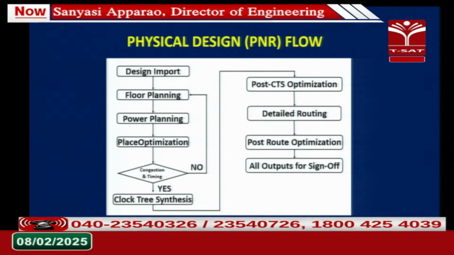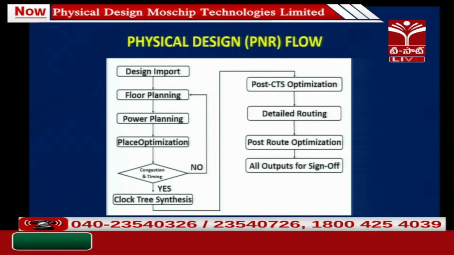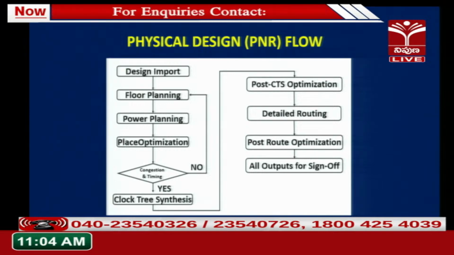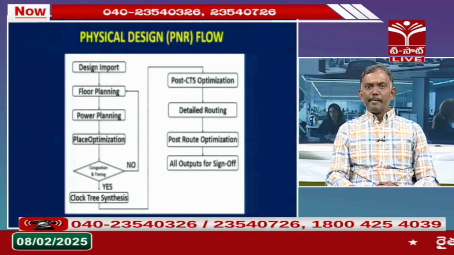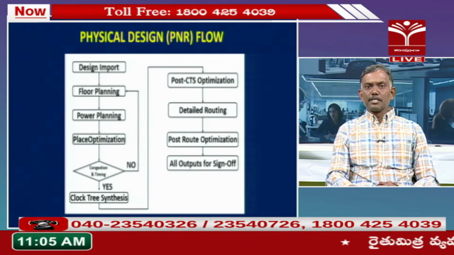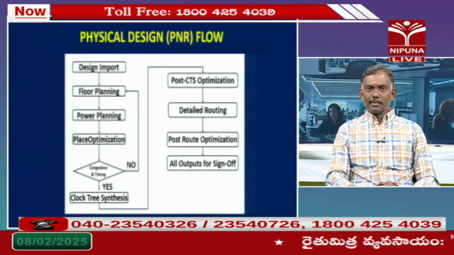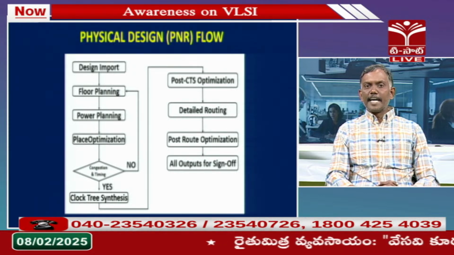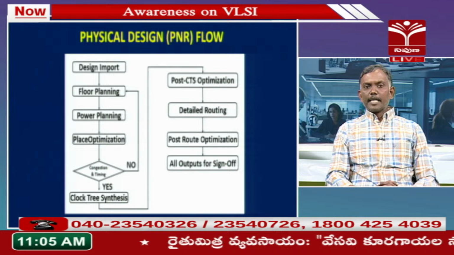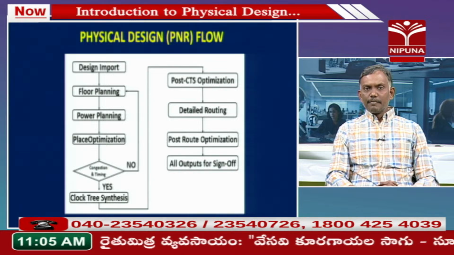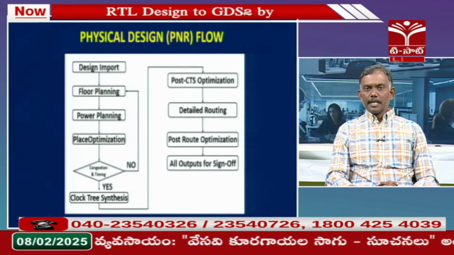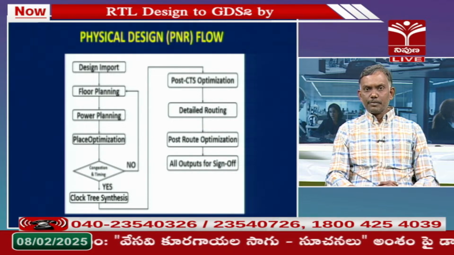This is the physical design flow. First step is design import. As a part of this design import, we gather all the required files to start with place and route. Already we discussed five categories: gate level netlist, constraint file, timing libraries, DEF file and LEF views.